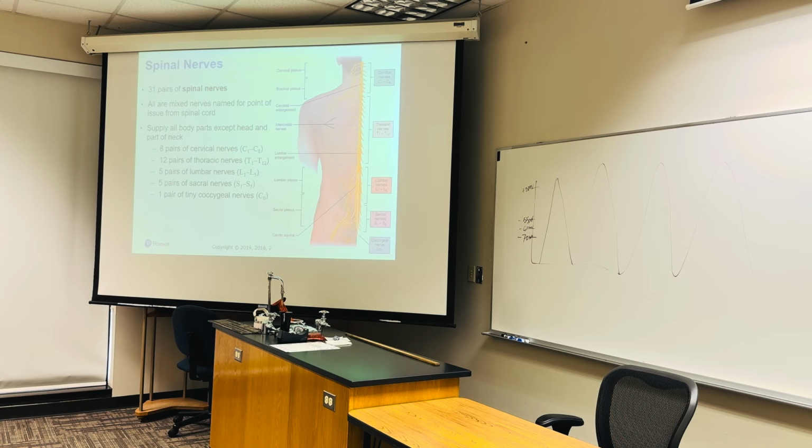So you have 31 pairs of the spinal nerves. Eight are arising from the cervical vertebra, and we call them cervical nerves. And the next 12 from your thoracic vertebra, we call thoracic nerves. And 5 from the lumbar, we call lumbar nerves. 5 from the sacral, and 1 from the coccyx, or coccygeal nerve, right?